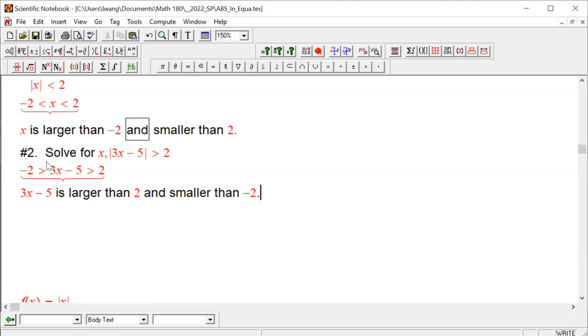Okay, so whether you write it this way or some other people may write it this way, it doesn't matter. Some people will write 3x, and they say this is going to be larger than 2, smaller than -2.